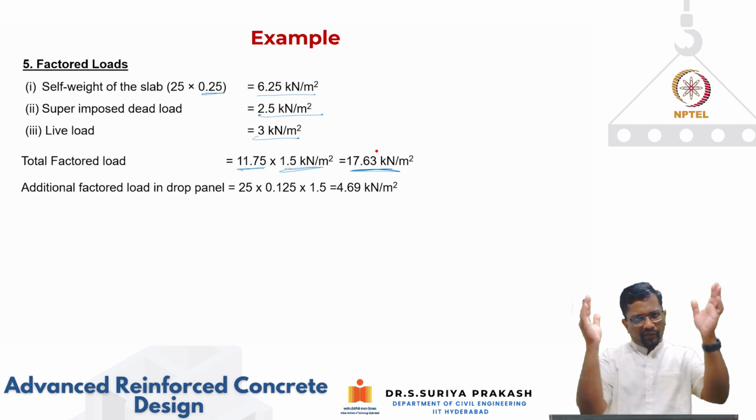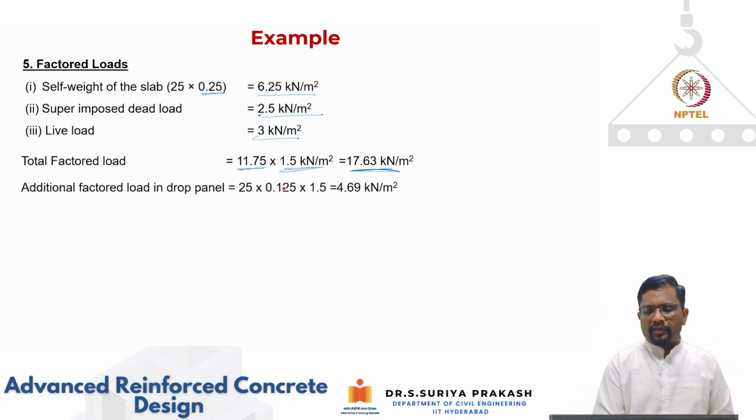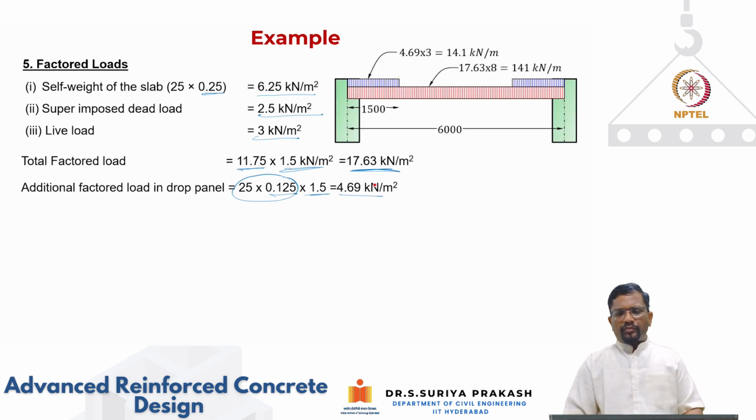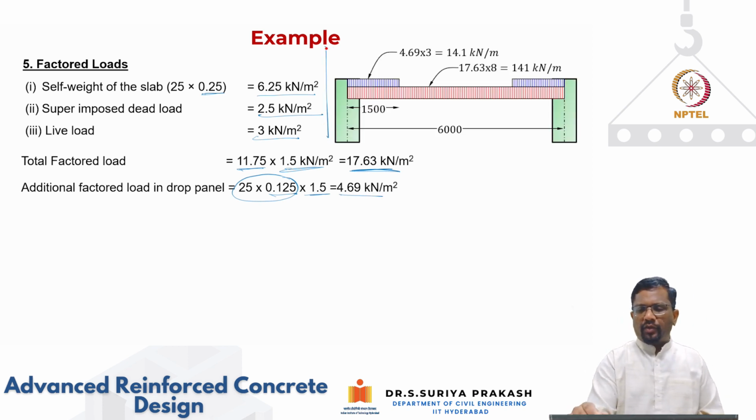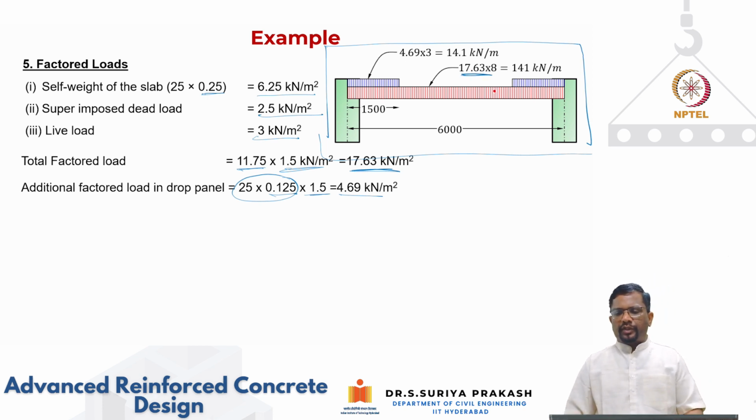Now we are also having a drop panel. That is going to create an additional factored load, and the thickness is 125 mm. So 25 times 0.125 multiplied by the 1.5 factor, you get 4.69 kilonewton per meter square. This is the overall loading that we are getting. So 17.63 multiplied by 8 is going to be 141 kilonewton per meter.